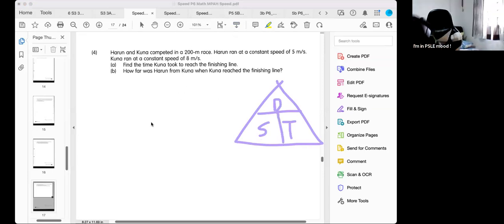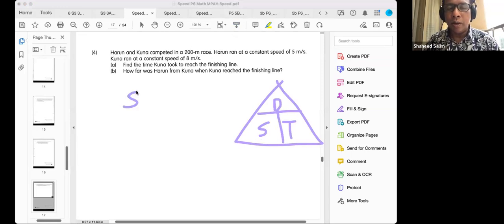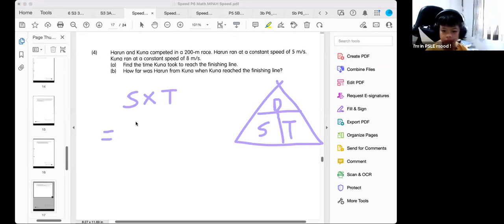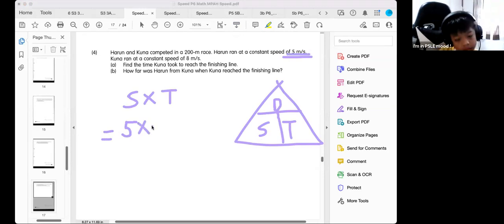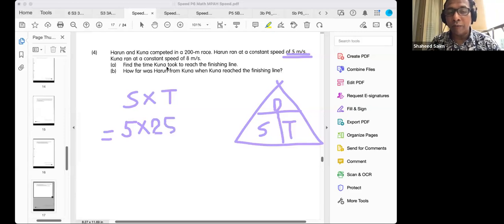D. So D equals S times T. Do you have the speed for Harun? Yes. How much is it? Speed times time. 5 meters. 5 times 200, no, times the 25 seconds, because Kuna took 25 seconds, right?